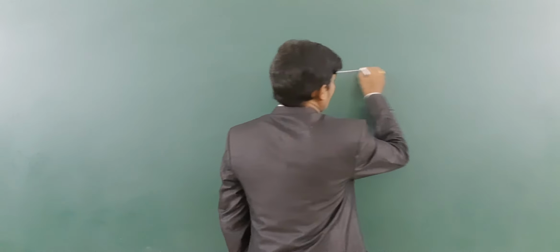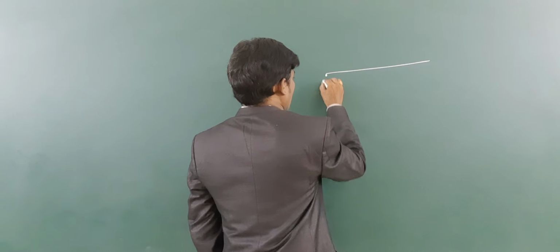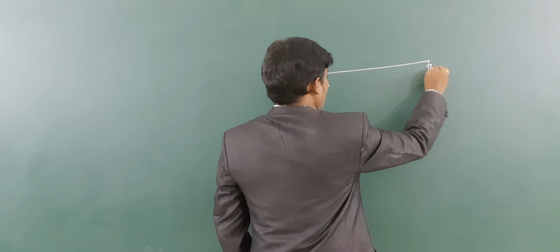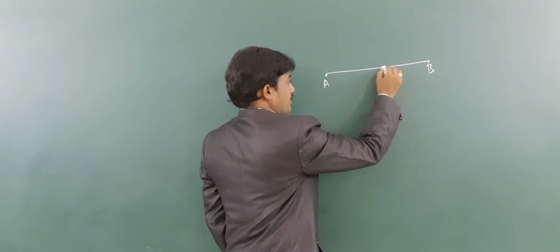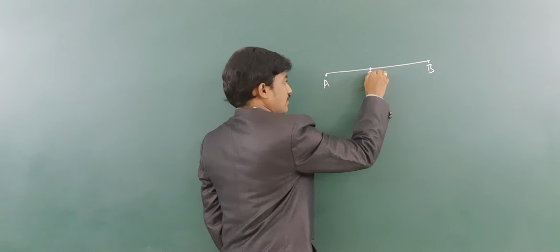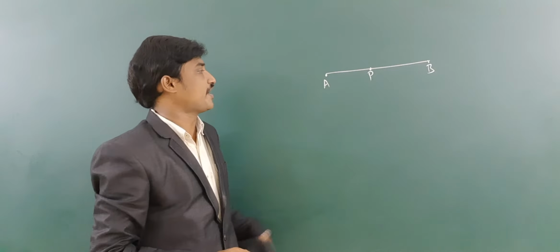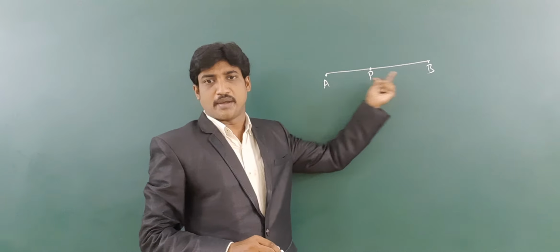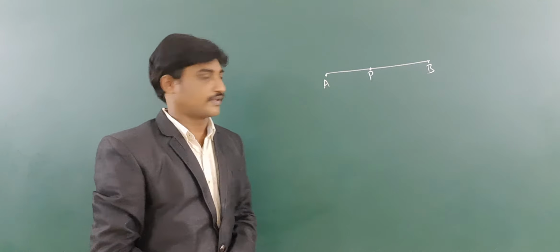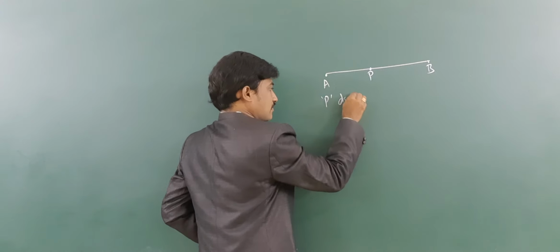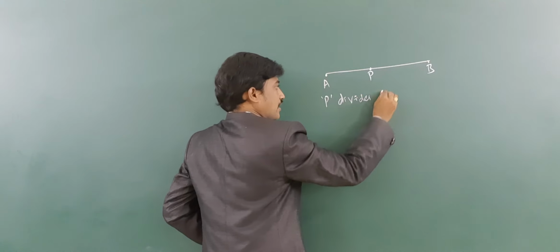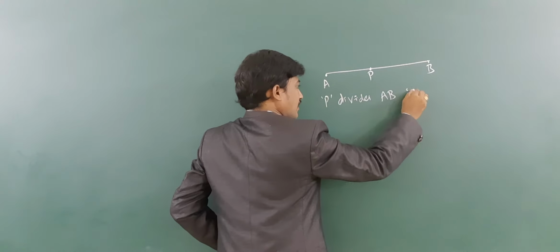There is a line segment AB and P lies on the line segment AB. Then we say P divides AB internally.